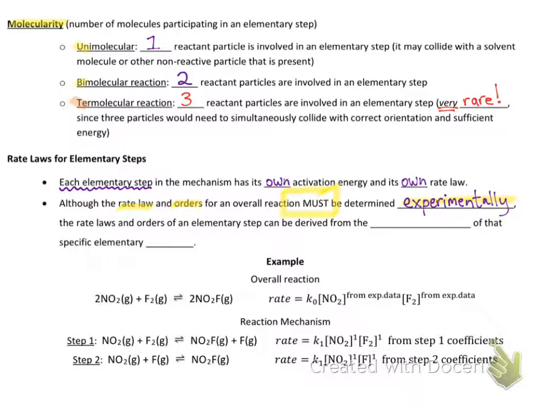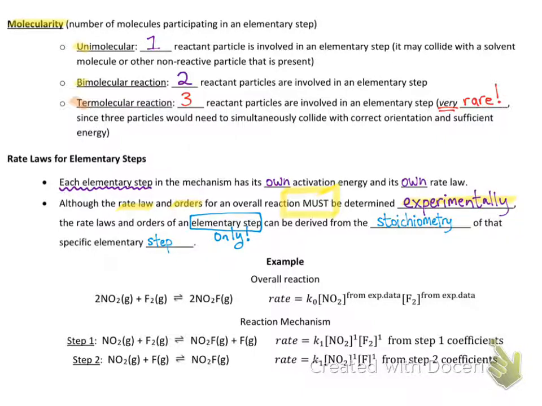You can actually derive the rate law and orders of an elementary step directly from the stoichiometry of that elementary step. I know you're thinking, wait, but you told us specifically we can never use the stoichiometry of the overall reaction. It's true. You can never use the stoichiometry of the overall reaction to determine the rate law. But you can use the stoichiometry of the elementary step.